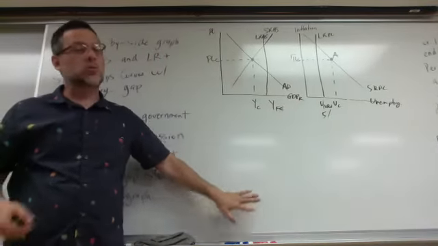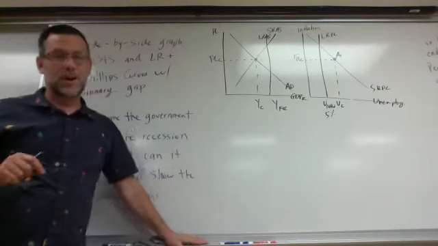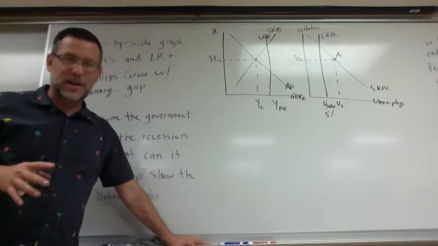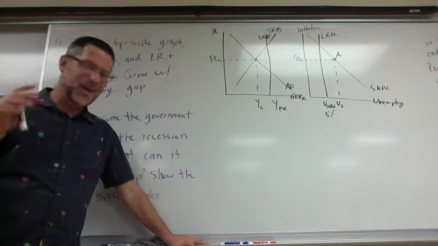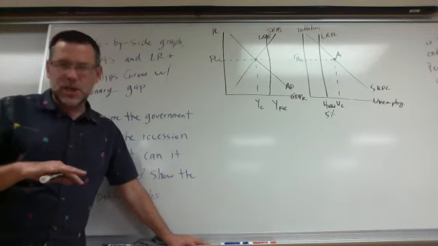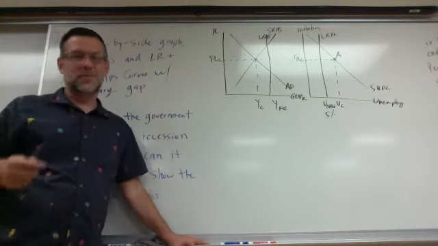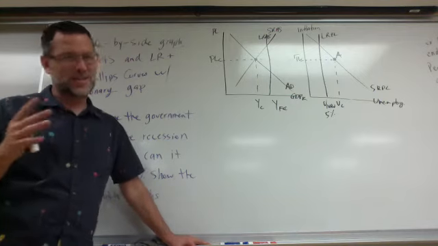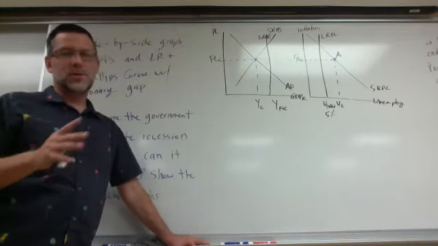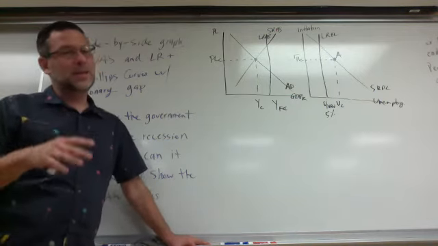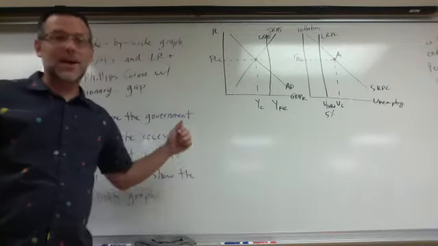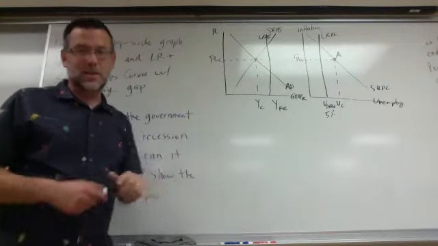Well, the reality is it's really hard to shift short run aggregate supply. You could maybe use some sort of deregulation or maybe some sort of tax incentives on production, but shifting aggregate supply is pretty tough. Shifting aggregate demand is a lot easier, right?